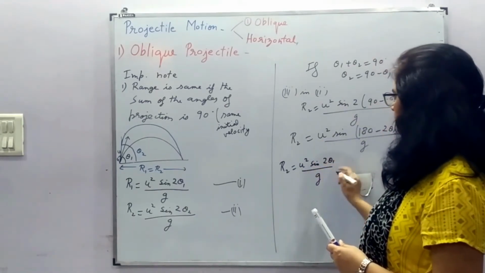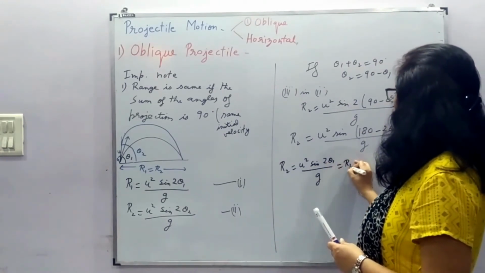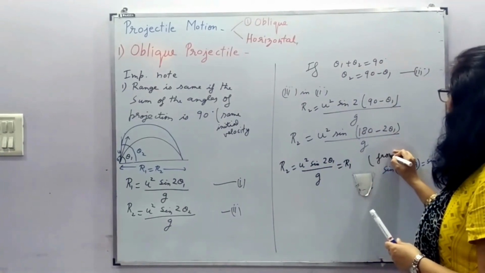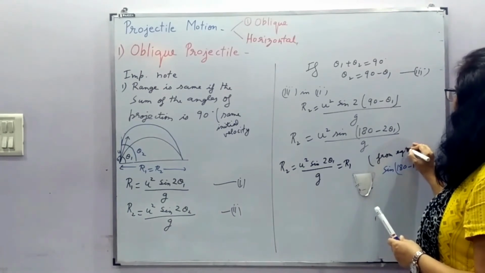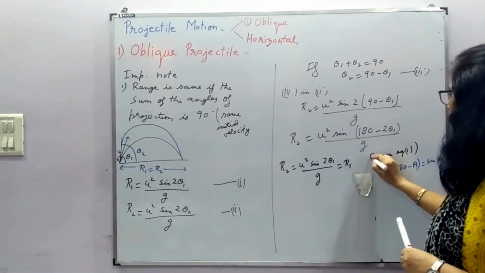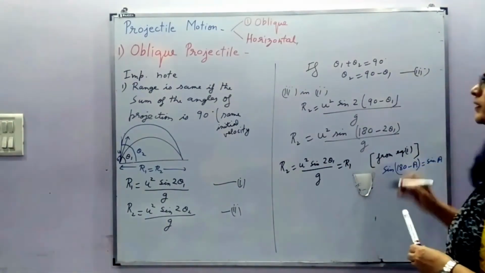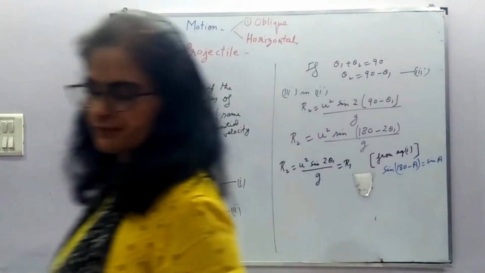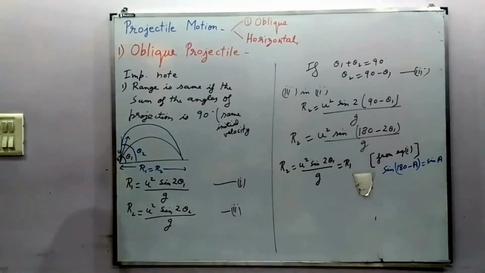And this is what? This is equal to R1 from equation 1. I hope this is clear. So this was the first important point.